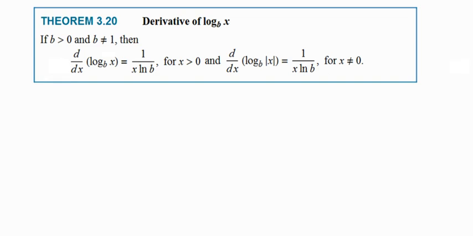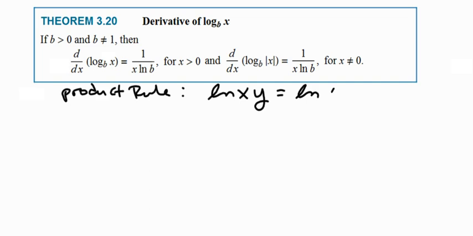So from here, I see that we want to remember a couple of things about log functions. Remember, there's something called the product rule, where if you're given a natural log of 2 things being multiplied, it can be split into 2 separate log functions.